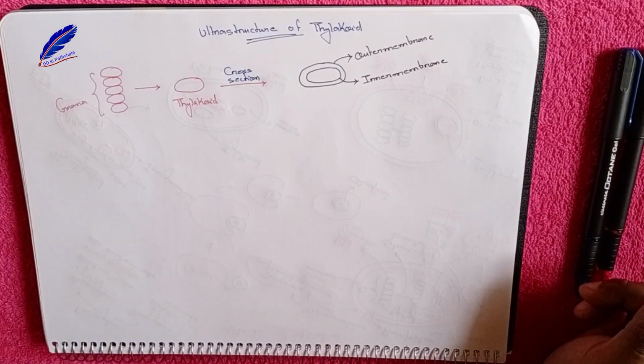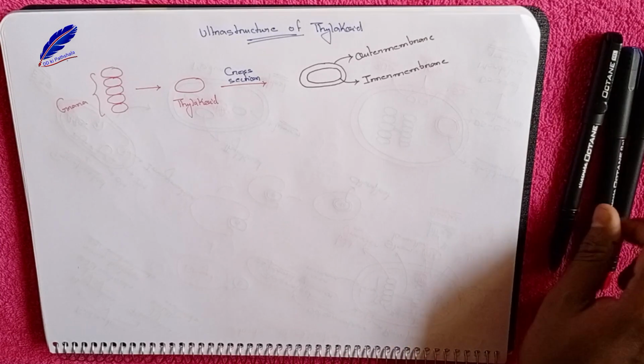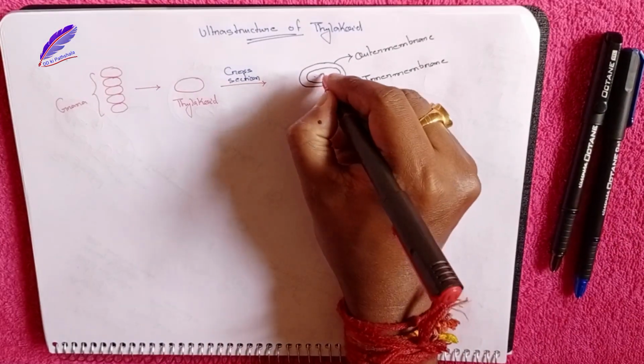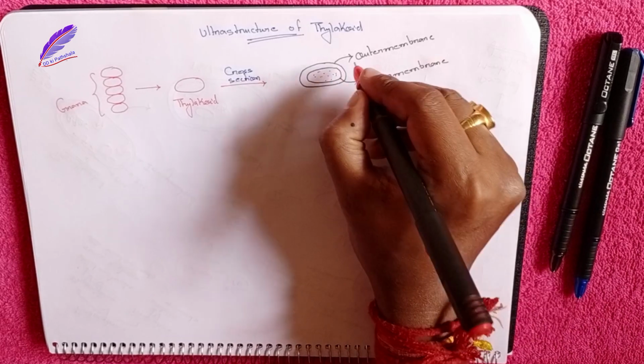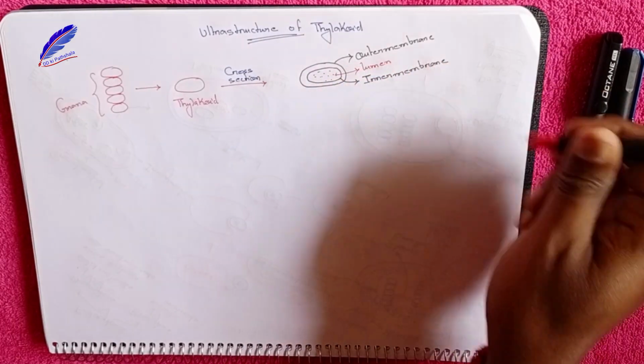So similar to the chloroplast, the thylakoid also has two membranes, the outer membrane and inner membrane, and it will have the inner lumen.